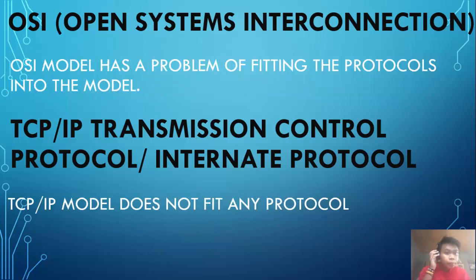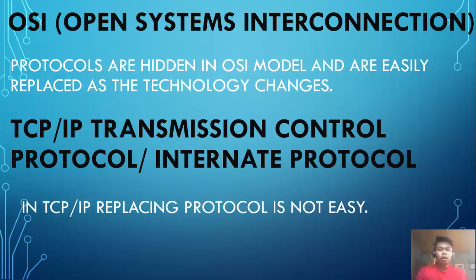So the next is the OSI model has a problem of fitting the protocols into the model, and the TCP/IP model does not fit any protocol, like TCP is not fit. The next is protocols are hidden in the OSI model and are easily replaced as technology changes, but in TCP/IP replacing protocols is not easy.